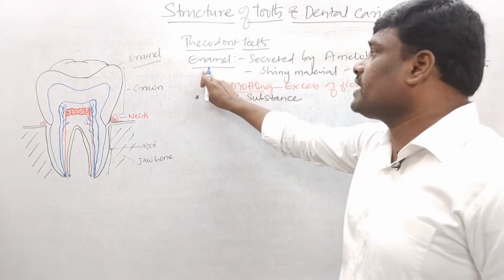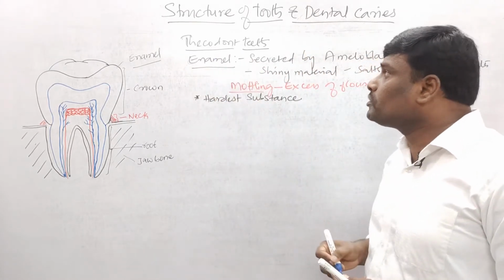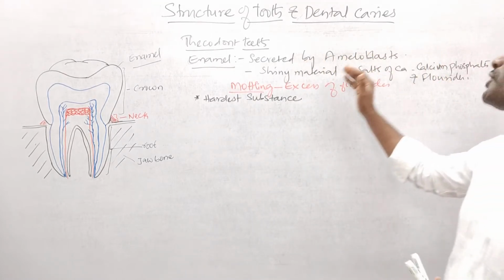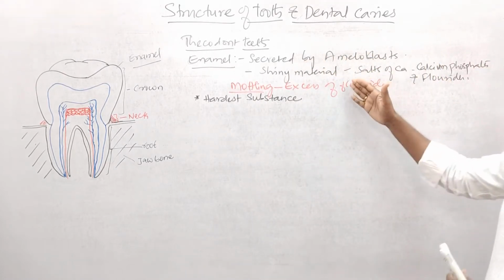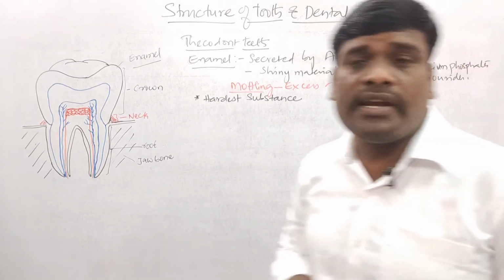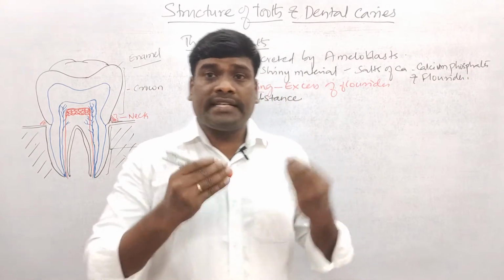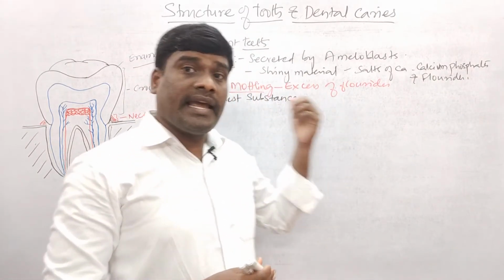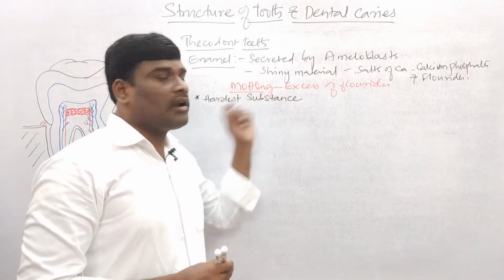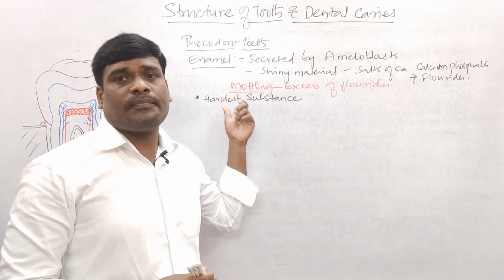So enamel is the exposed visible part of the tooth. It is secreted by ameloblasts and it is a shiny material made up of salts of calcium, that is calcium phosphates, and fluorides. Because of excess of fluorides, the enamel will be damaged, children. That condition we call mottling, and it is the hardest substance.